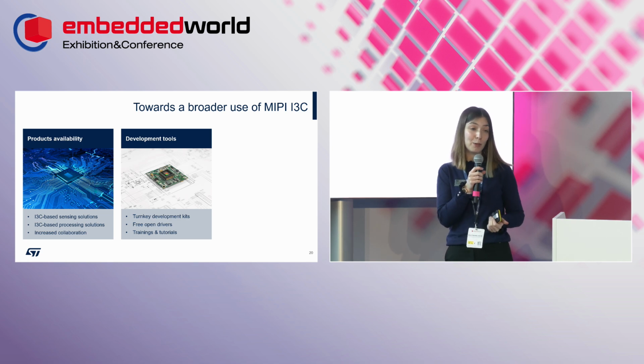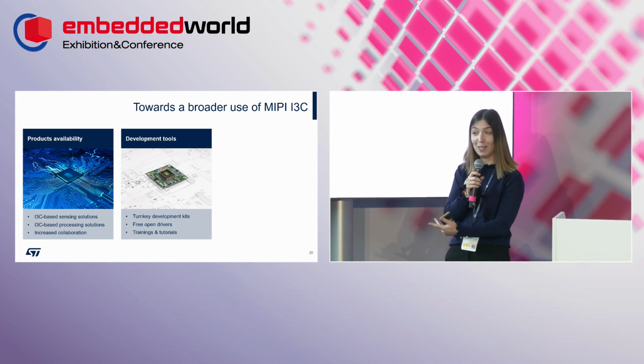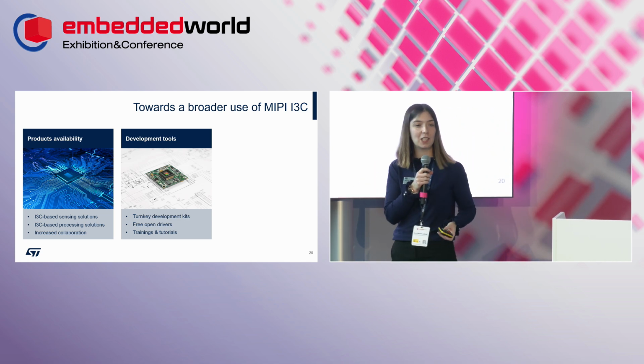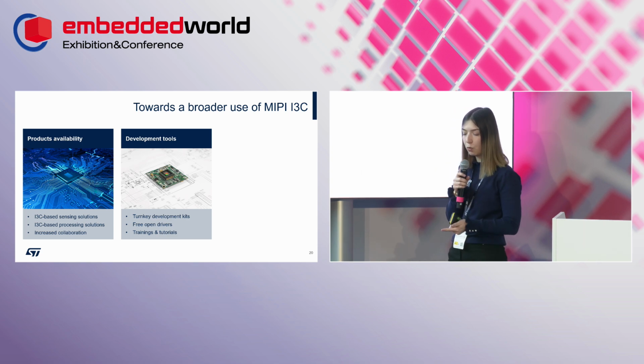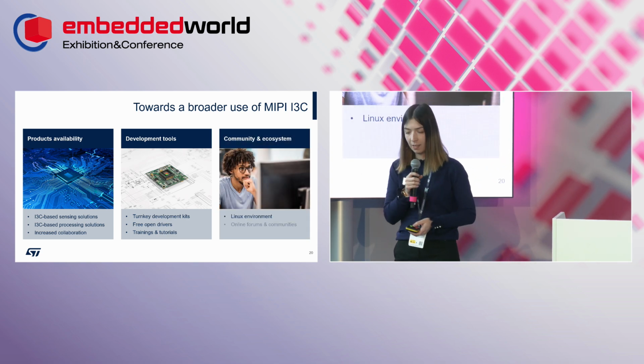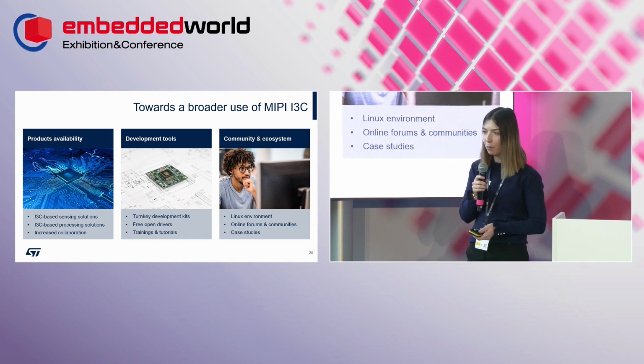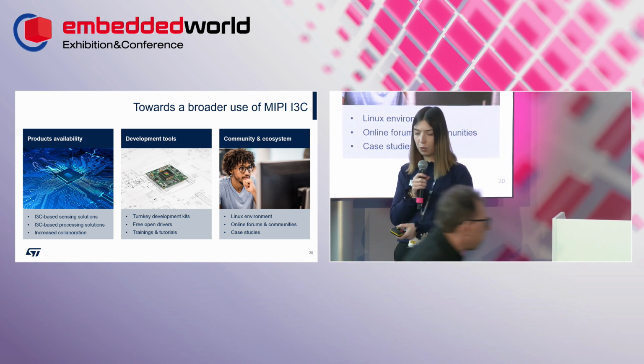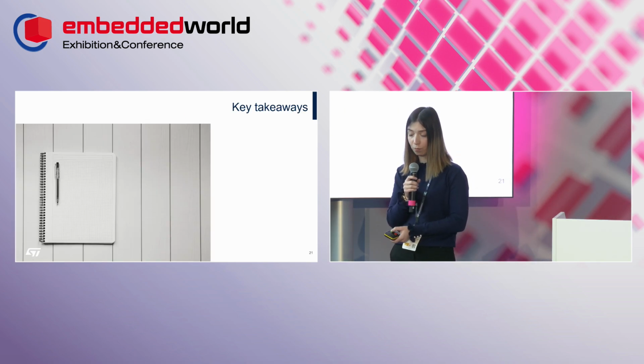Second point will be development tools. If you are very interested in the examples I gave, what we need next is development tools, so turnkey kits, drivers, trainings, and tutorials to make sure people can easily adopt. And finally, bringing some activity to the community, use case studies such as the one I presented, and a Linux environment to benefit from the community.